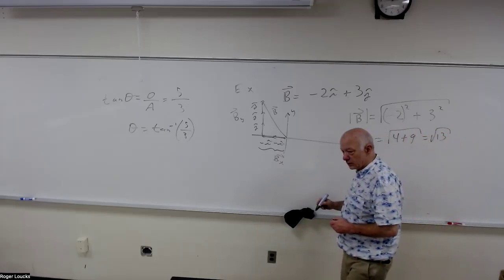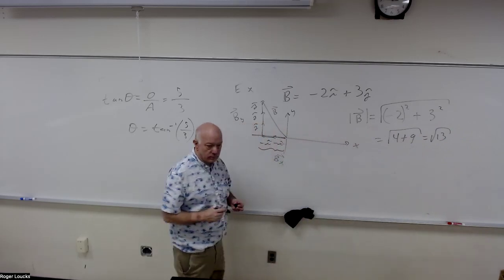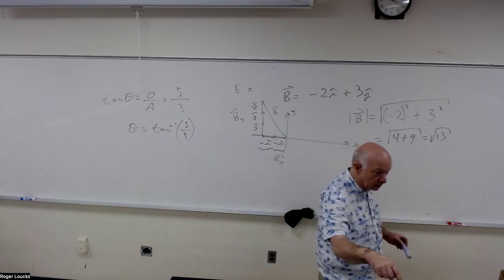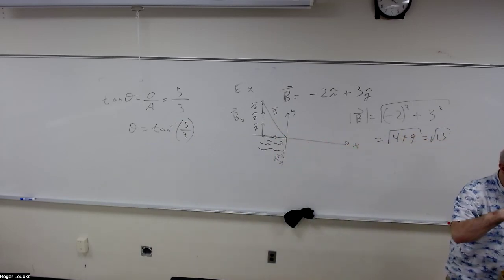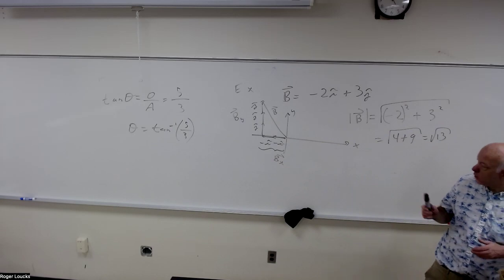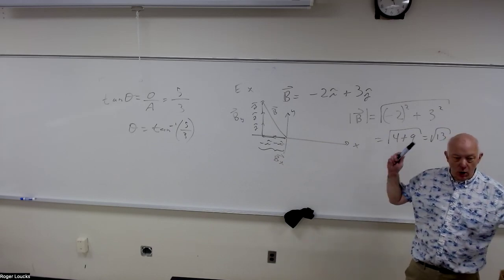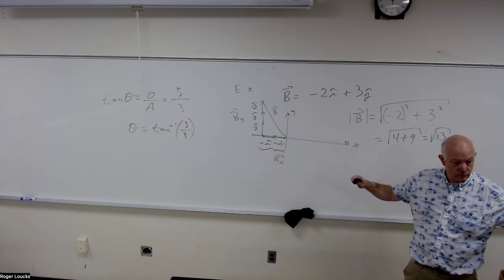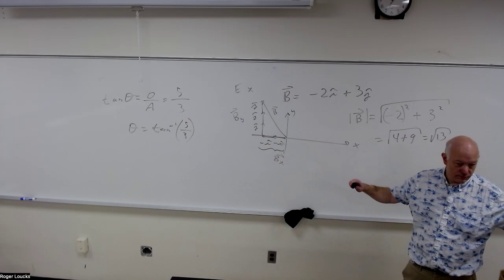Okay. Now suppose I want an angle here. I'm going to tell you how angles are always specified, but then I'm also going to show you what I'm going to do with an angle. So in mathematics, how do you always specify an angle? Always. Sure, but from where to where?